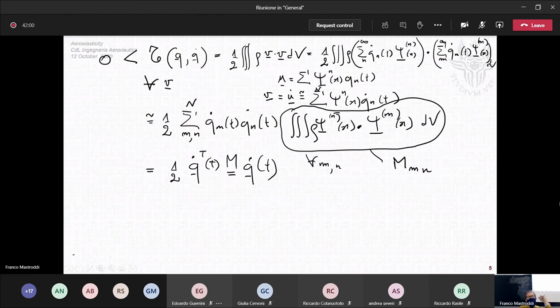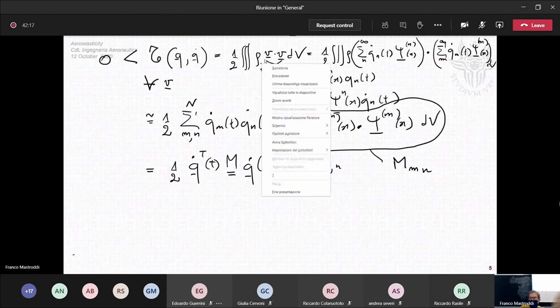How can you recognize this property? Here, look, this is the modulus of the velocity. The positive quantity multiplied by the density is positive. So integrate a positive quantity, you have a positive quantity for any kind of V field, for any kind of velocity field. So this quantity is intrinsically positive.